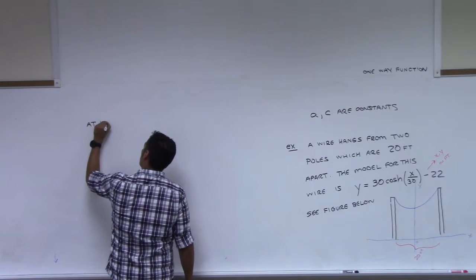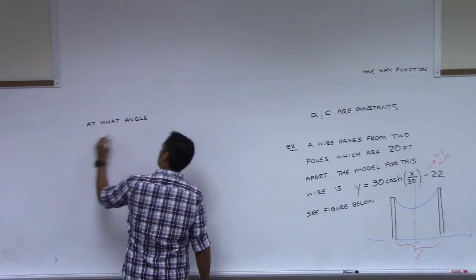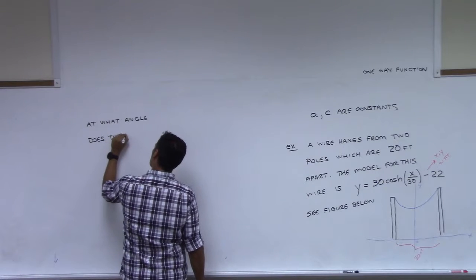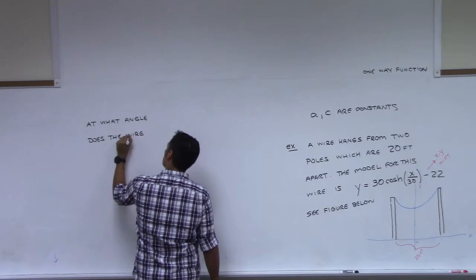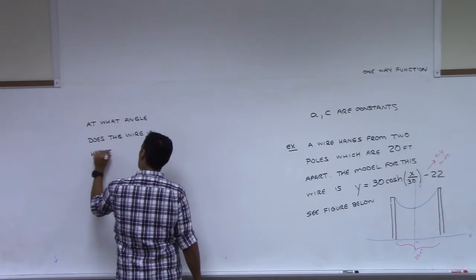At what angle does the wire hit the pole?